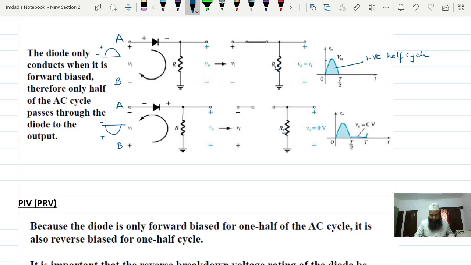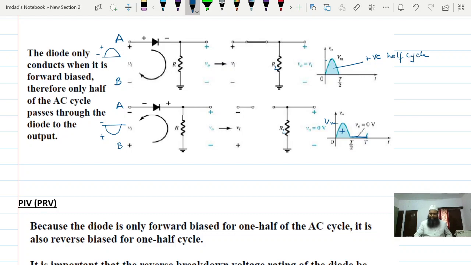Hence for a full cycle, for the positive cycle we get a positive peak Vm, and for the negative cycle we get 0 voltage.